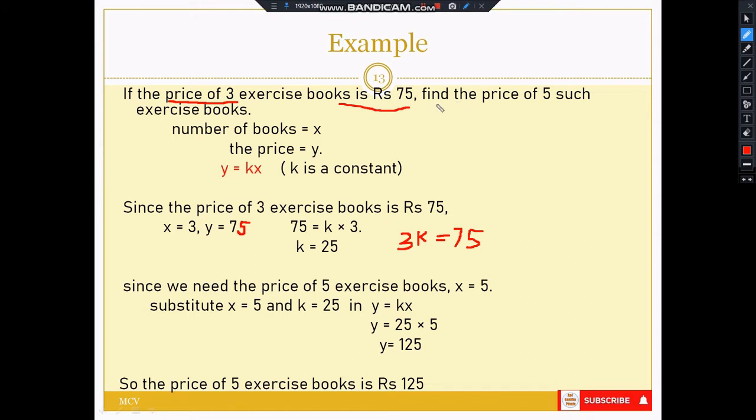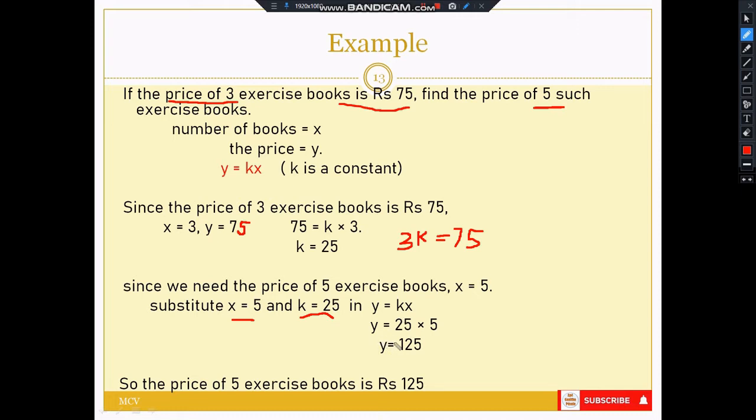Now let's see the second half of the statement. Find the price of 5 such exercise books. In the second part, the number of books is 5. X is 5. And from the previous part, we know k is 25. Now again, you can use this equation y equal kx, substitute 5 in place of x, 25 in place of k.